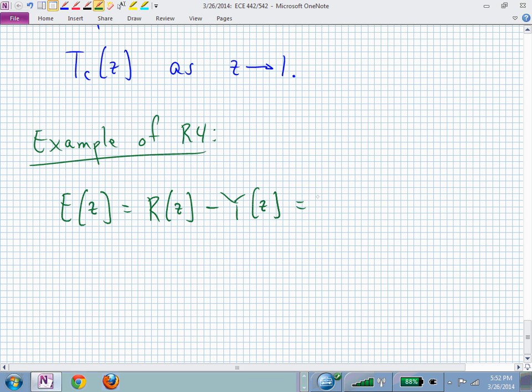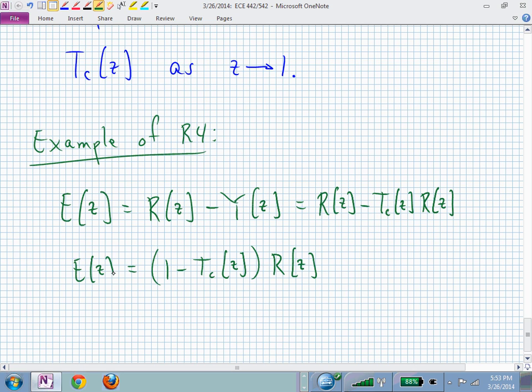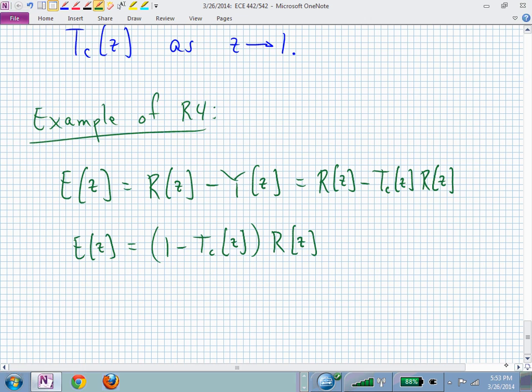So we could rewrite this as R of z minus T sub c of z, R of z. That's just Y of z. Well, that means that we have 1 minus T sub c of z times R of z, giving us our error signal, E of z.